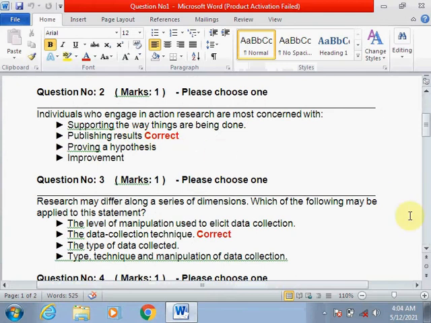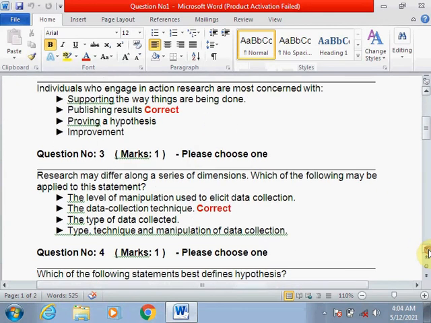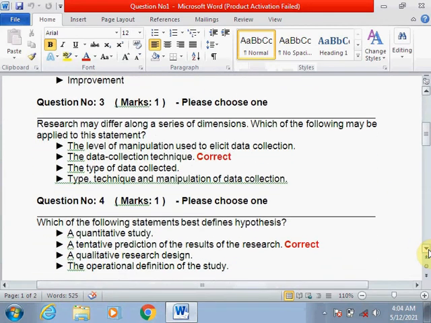Next question, question number 3. In question number 3 we will see: research may differ along a series of dimensions. Which of the following may be applied to this statement?